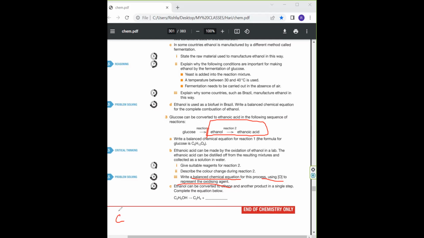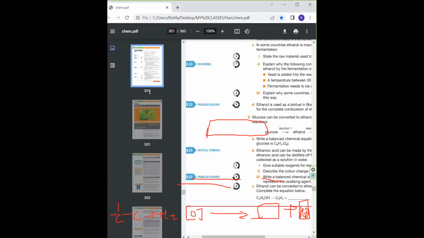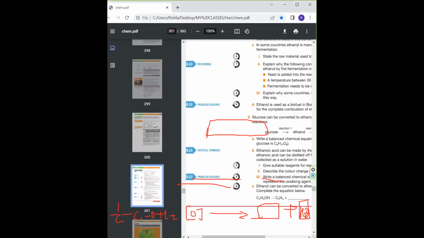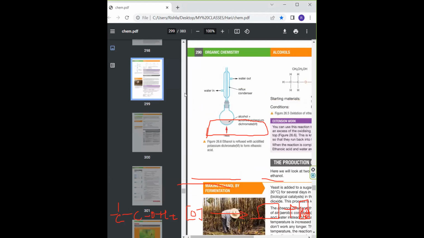So you draw ethanol plus oxygen, ethanoic acid plus some products, whatever, water, then balance it. The same reaction that was in the textbook, okay? This reaction. Clear?